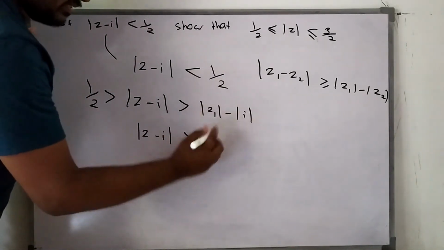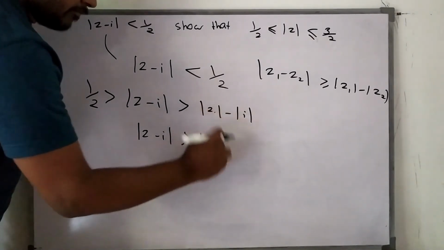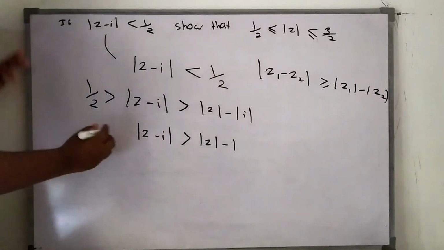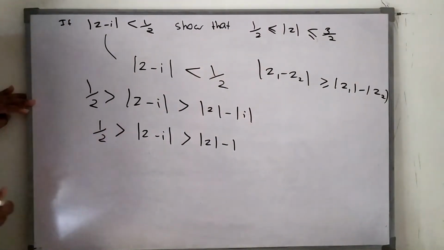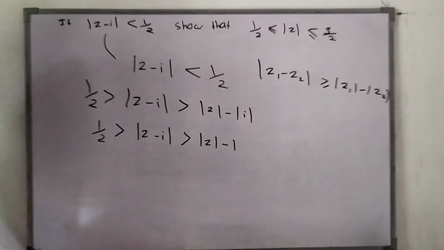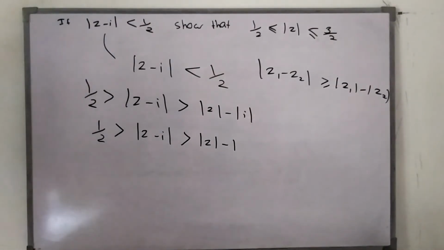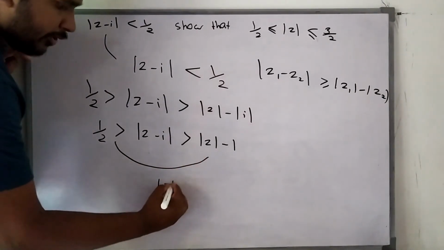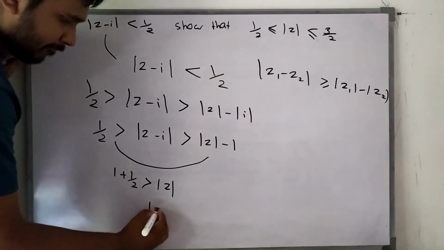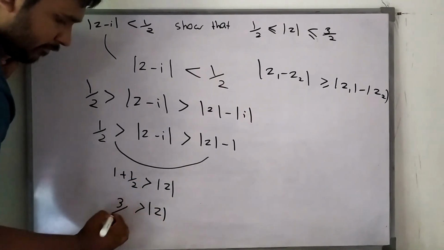Is it 1? Minus I modulus mean 1. Therefore, modulus is it 1 plus half, 3 by 2.